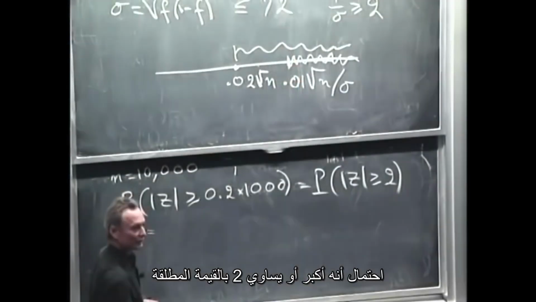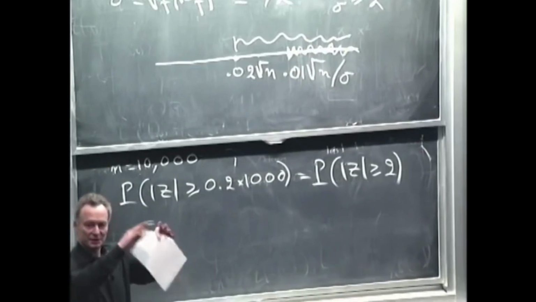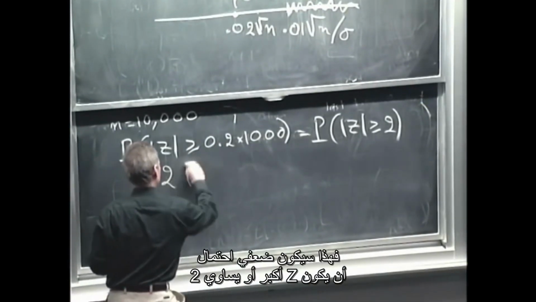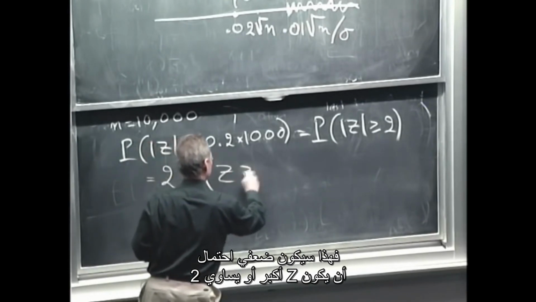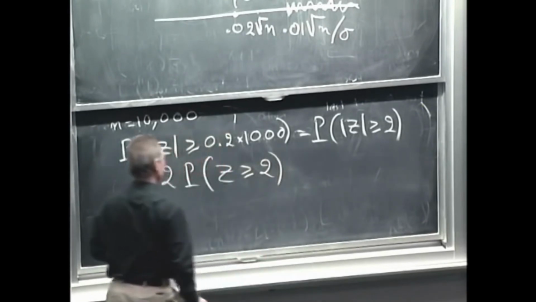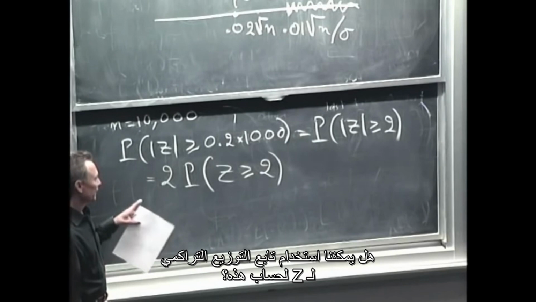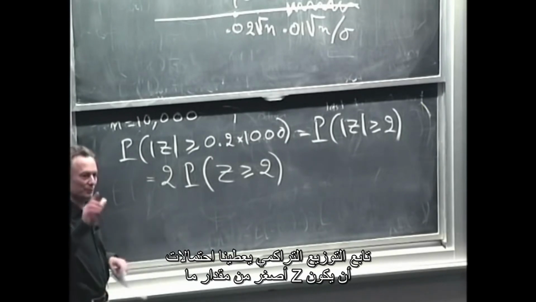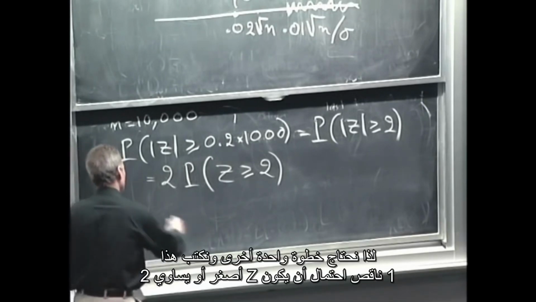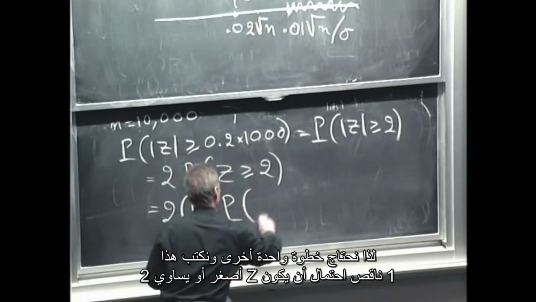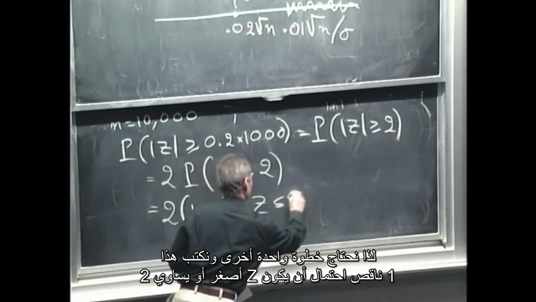Probability that you are larger than or equal to 2 in absolute value, since the normal is symmetric around the mean, is going to be twice the probability that z is larger than or equal to 2. Can we use the cumulative distribution function of z to calculate this? Well, almost. The cumulative gives us probabilities of being less than something, not bigger than something. So we need one more step and write this as 1 minus probability that z is less than or equal to 2.